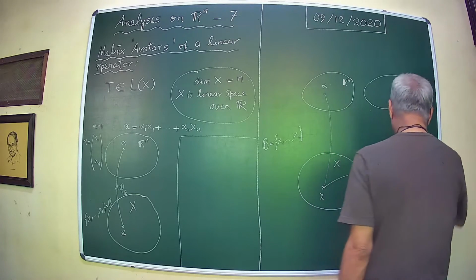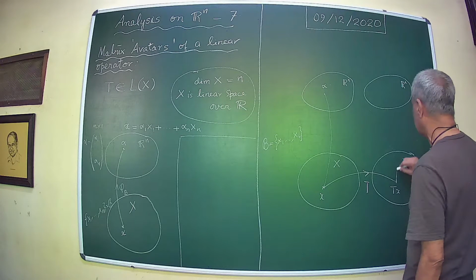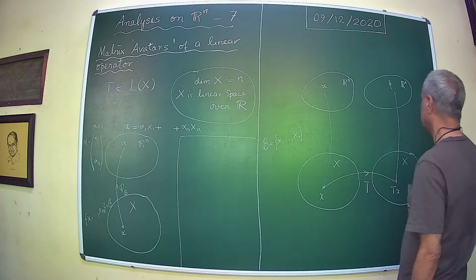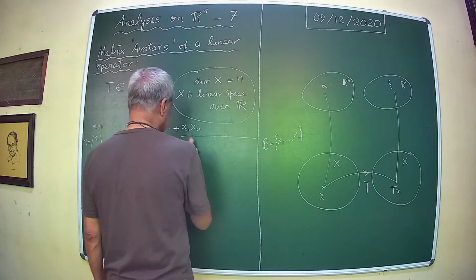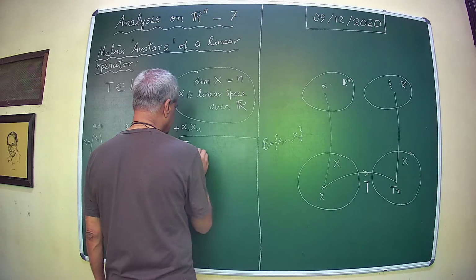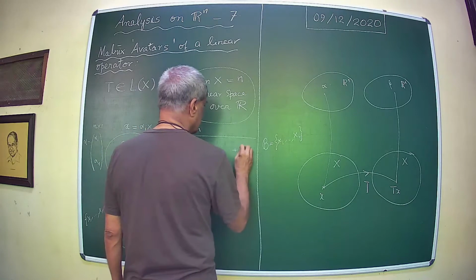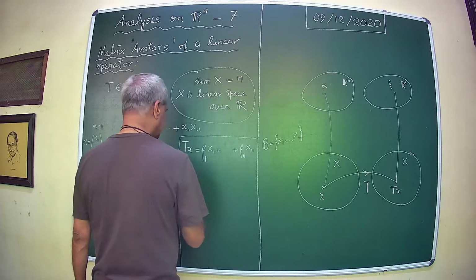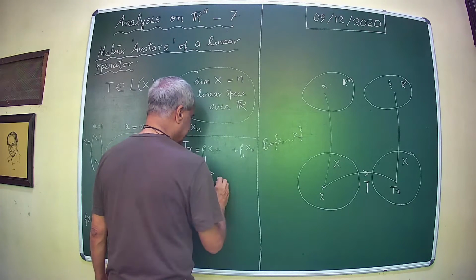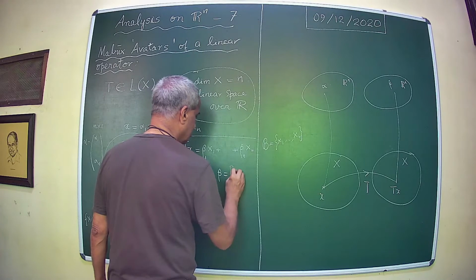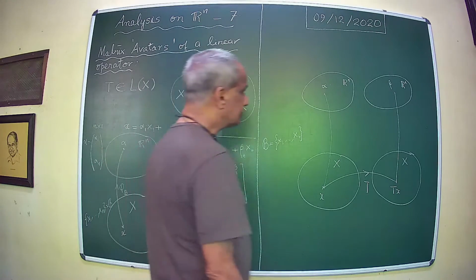Now Tx is again a vector in X. Now let this be denoted by some beta, where Tx is equal to beta 1 x1 plus etc. Therefore Tx is identified by the column vector beta.